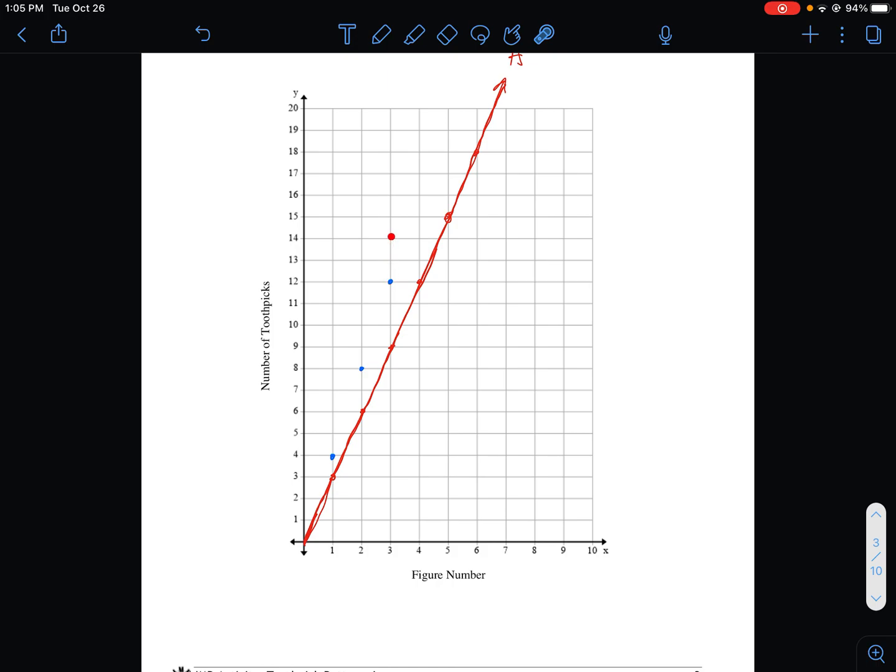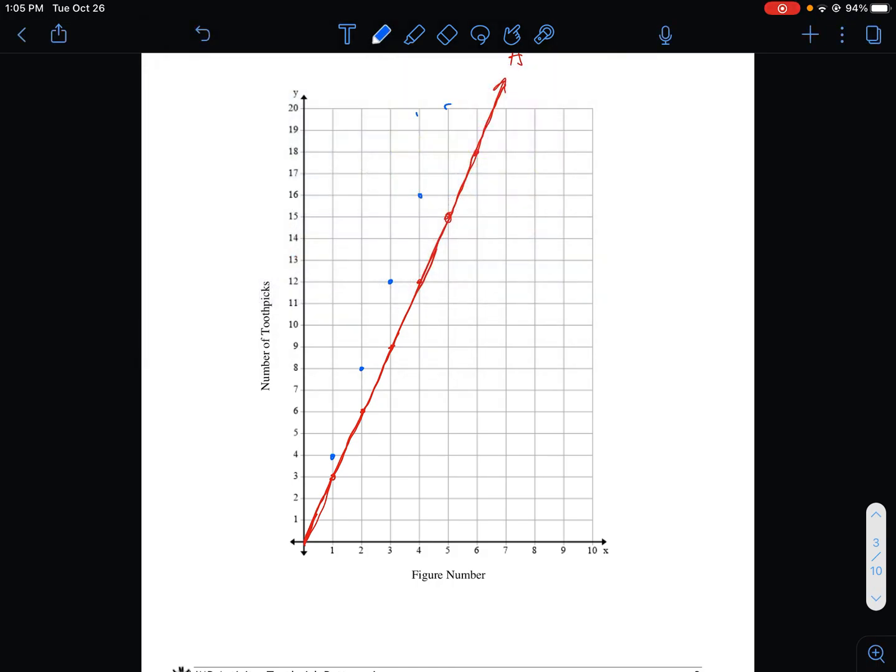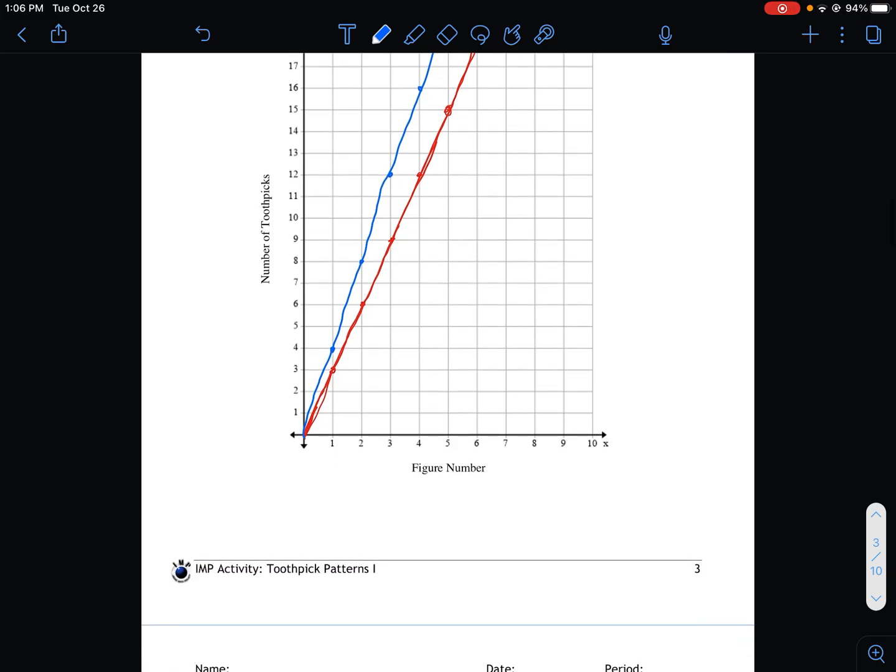So you add 4 toothpicks for each new figure. And then I could go 4 more toothpicks up and go 1 over. Draw a line through that. And that is B.